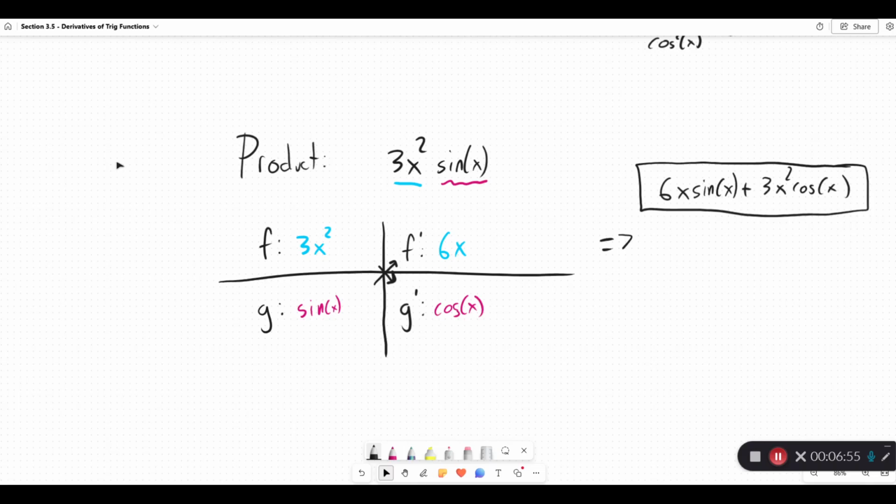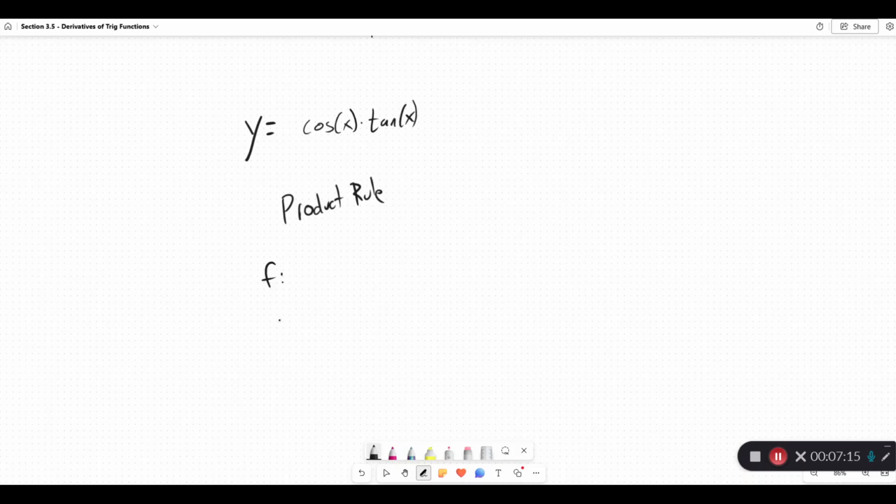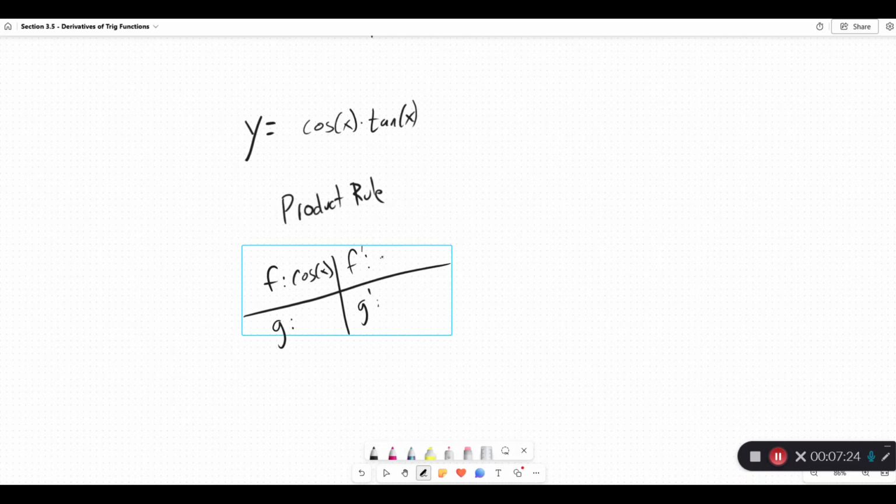Now, I will point out there are some tricky ones that look interesting, but really turn out to be quite boring. One of my favorites is, what is the derivative of cosine times tangent? Now, if you go by way of the product rule, again, we have cosine, whose derivative is negative sine.